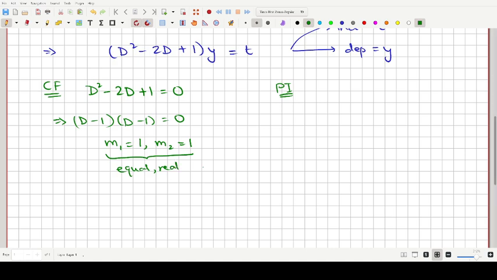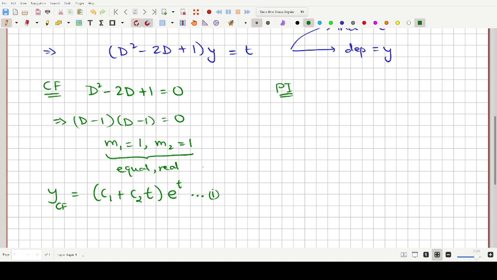So since the roots are equal and real, we write down the y CF, or the complementary function, as equal to (C1 plus C2 times t) e to the power m1 t, where t is the independent variable, or e to the power t, since m1 is equal to 1. So this is our complementary function.